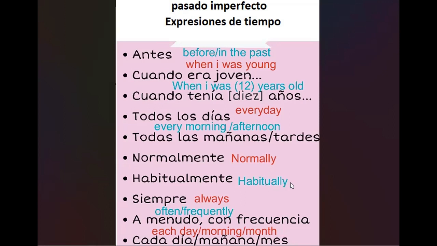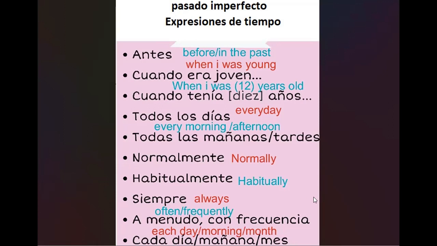So habitually I used to help my mom to wash the dishes. Siempre comía a las 2 de la tarde in the past, right? I always used to eat at 2 p.m. in the afternoon.